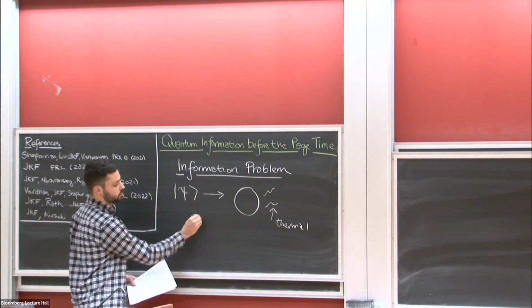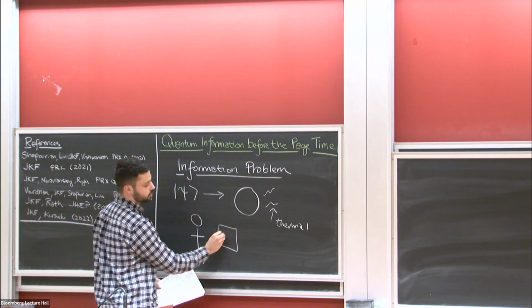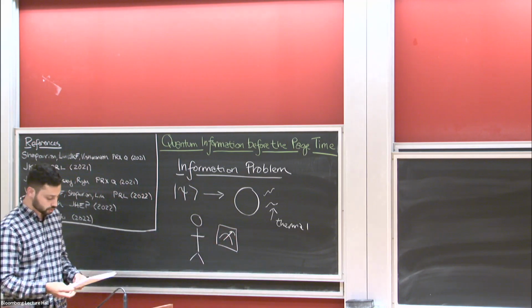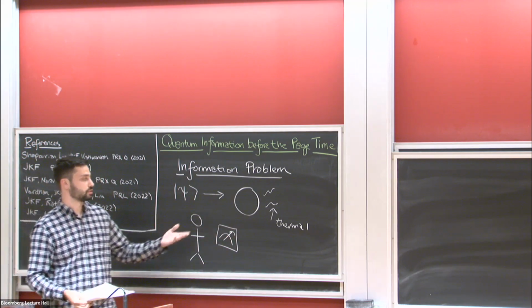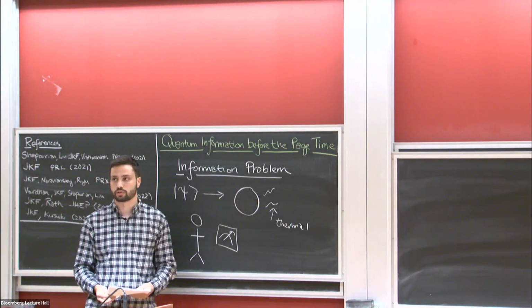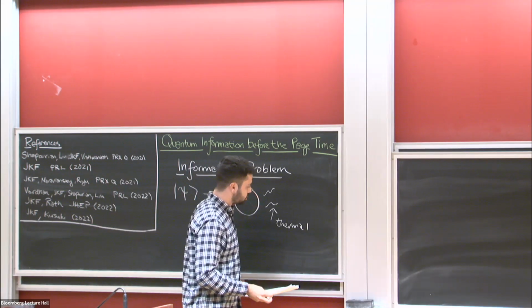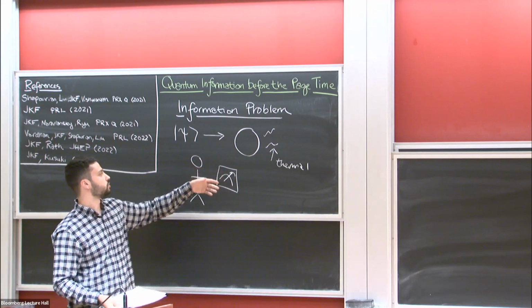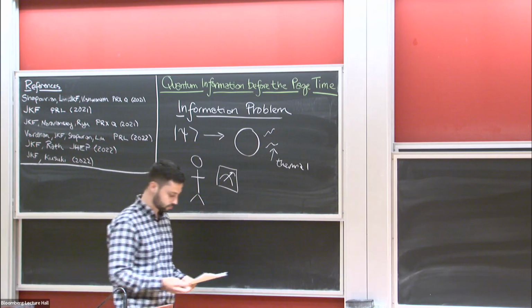So if some observer has a measuring device and is collecting all of this radiation, this observer can't really do anything to figure out what the state of the black hole was if the radiation is purely thermal. So we're losing the predictability of figuring out what the initial state was just based on measurements of the radiation.